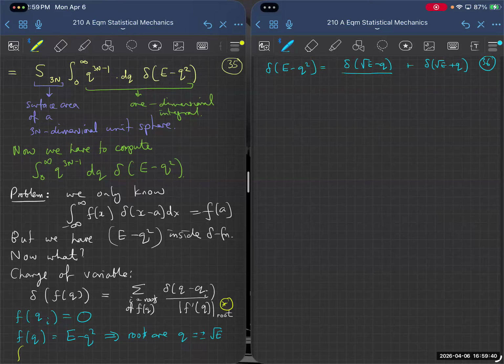Well, f prime of q is equal to minus 2q. So I have to evaluate that at the points q is plus or minus the square root of e. And so what I get is 2 over the square root of e, and I get a plus 2 over the square root of e as well here.